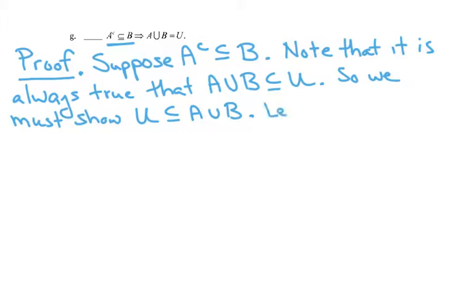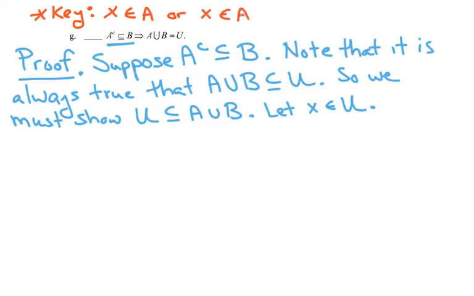So let's let X be an element of U. Now here is the key. X is either going to be in A or X is going to be in A complement. Because why?